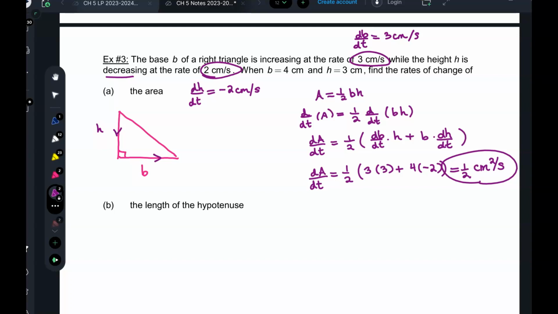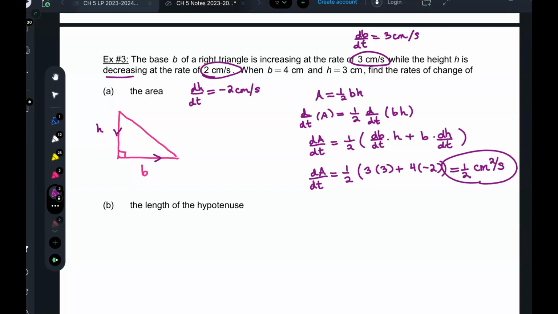As these are changing, the actual area of the whole thing is changing. This is instantaneous. So when this is 4 and when this is 3, the area is only increasing at 1/2 square centimeters per second. So it's not growing as fast.